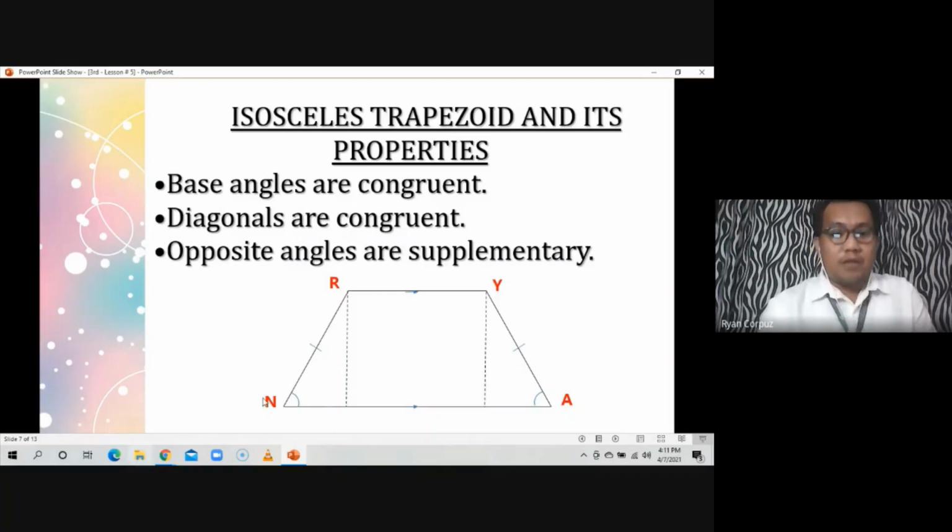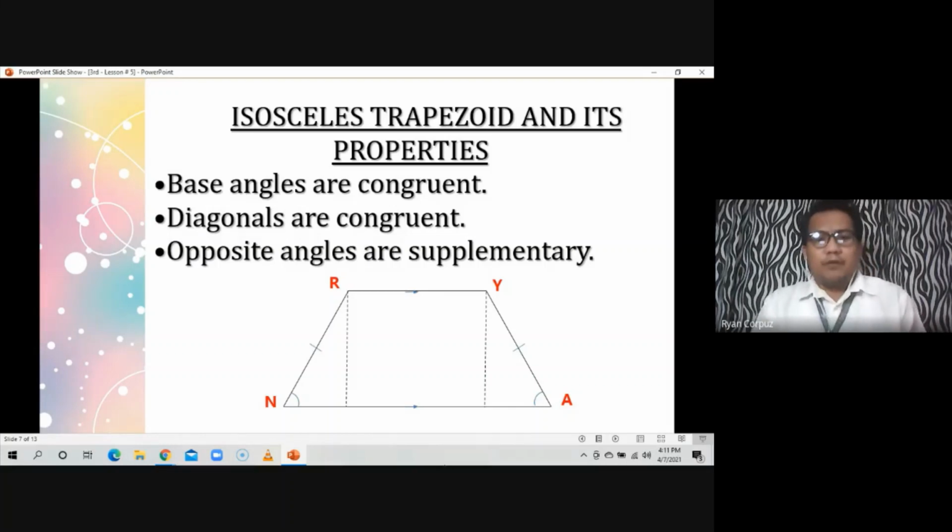So, kung ang measure for example nito ay 60 degrees, if the measure of angle N is 60 degrees, the measure of angle Y is equal to 120 degrees. Because according to the property, opposite angles are supplementary. When we add the measure of the two angles, it will be equal to 180 degrees.